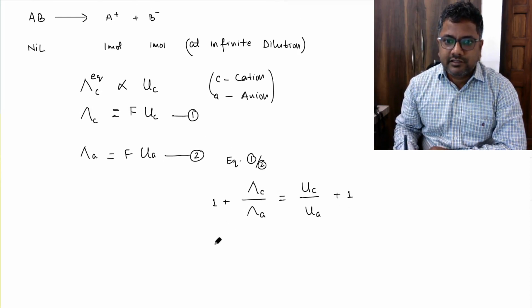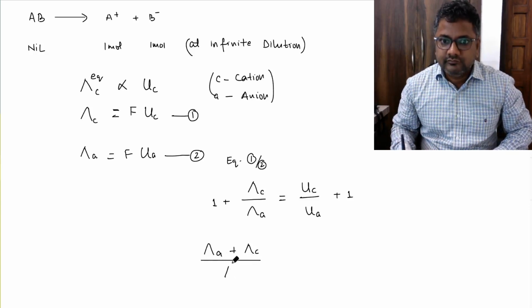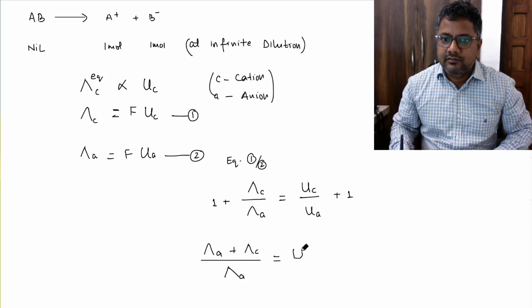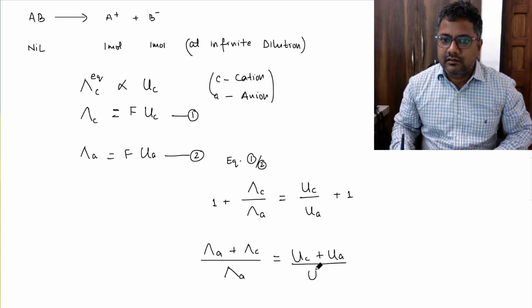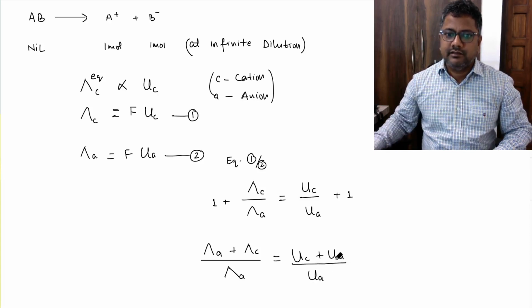So we get lambda A plus lambda C by lambda A is equal to UC plus UA by UA.